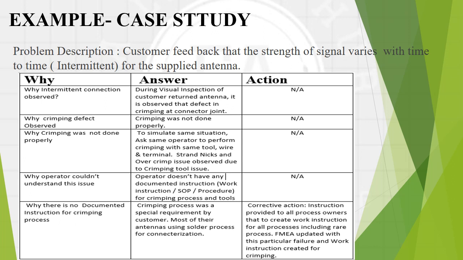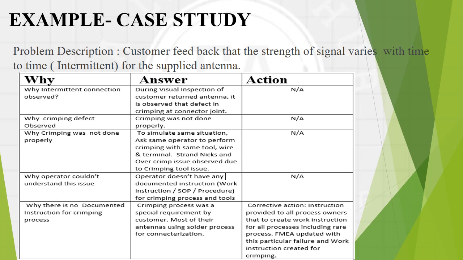So their common process is soldering to connect a wire with a connector, but this is a special requirement from their customer. They don't want soldering, they want a crimping process. So it's a rare process, and they don't have any work instruction for it.